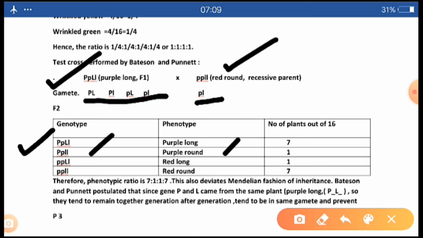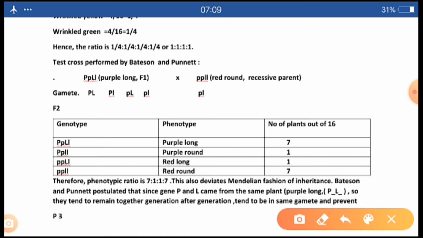You make the Punnett square, keep the gametes properly, and then fill up the board. Then you will get the genotype in this manner, and the phenotype is purple long, purple round, red long, red round.